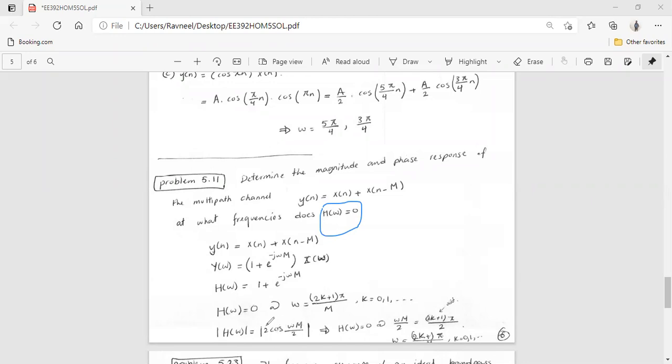This term will only be 0 if cos of omega m upon 2 is equal to 0. The cos function is equal to 0 at pi upon 2, or 2k plus 1 times pi upon 2. So omega m upon 2 is equal to pi upon 2, and only then will the cos be equal to 0.